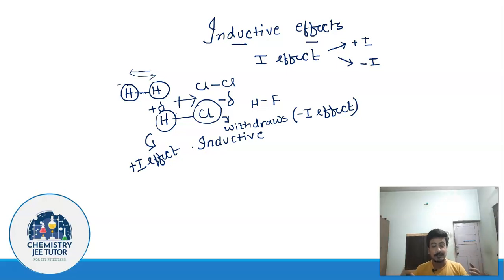In a very broad sense, the group which withdraws electrons towards itself is said to have a minus I effect, and the group which donates electrons from itself is said to have a plus I effect. So Cl, because it withdraws electrons, has minus I effect, and H, because it donates electrons, has a plus I effect.